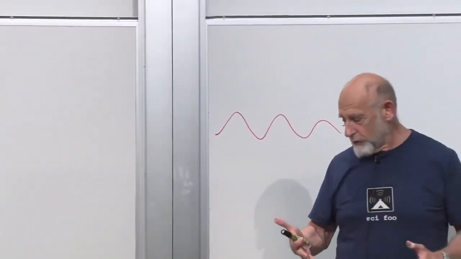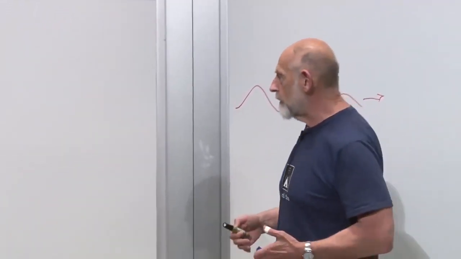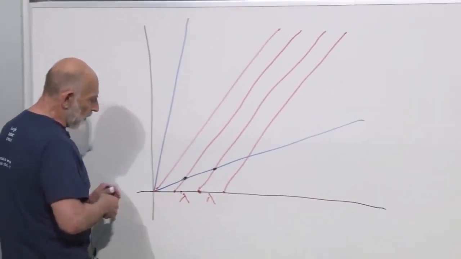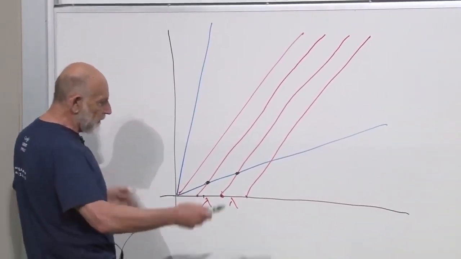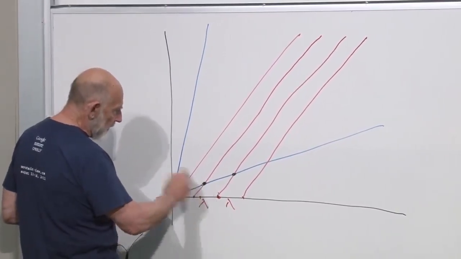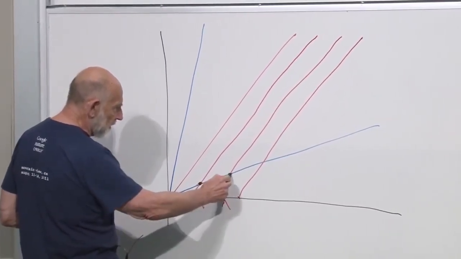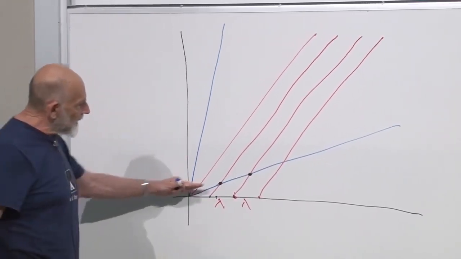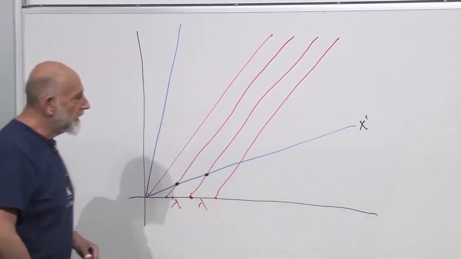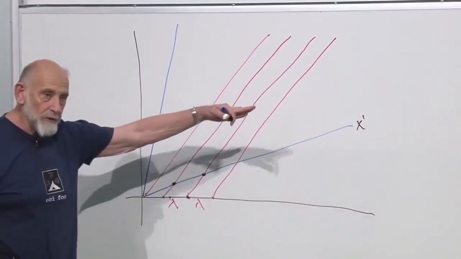You have the tools to do that. You know the Lorentz transformations. You can figure out, let's say the wave, well, here's some particular wavelength. You can figure out what this point is. You can figure out what this point is. And you can ask what's the x prime distance between them. X prime is my coordinate.